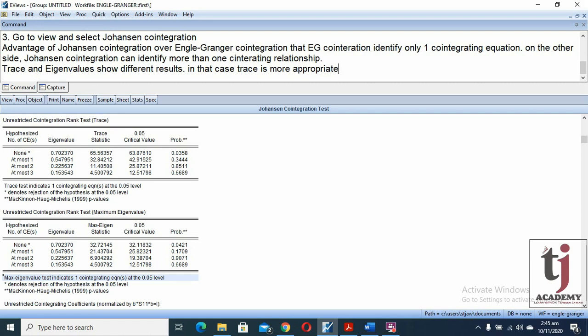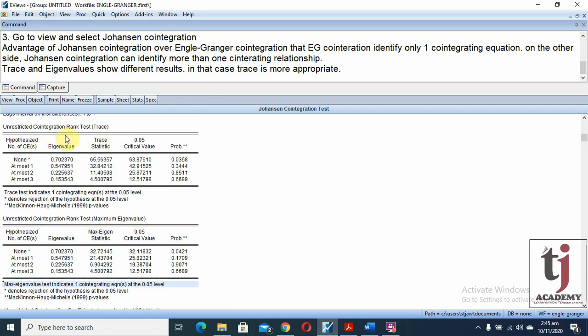References of this one are given in the description. So this is the interpretation of Johansen Cointegration.